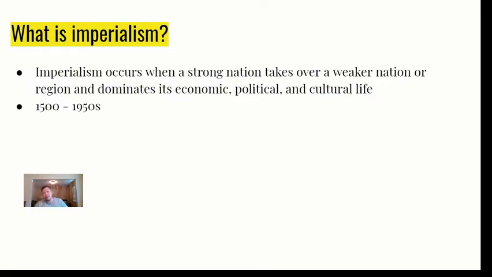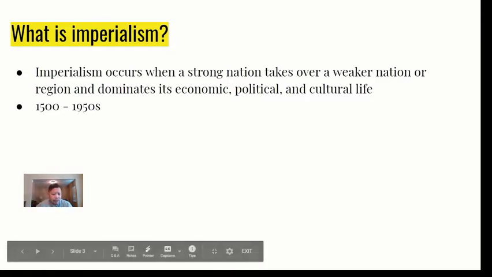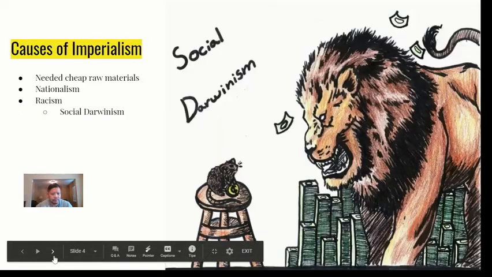So it could be nations in Latin America or in Africa, and it dominates its economic, political, and cultural life. Now, the time period of this is from the 1500s to the 1950s in world history. So that is a lot of time frame going on at that time.